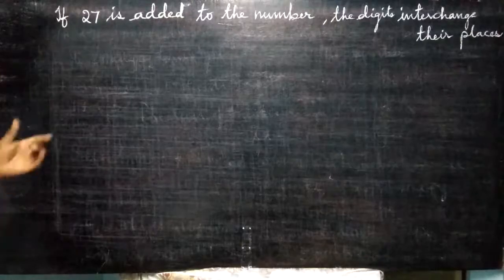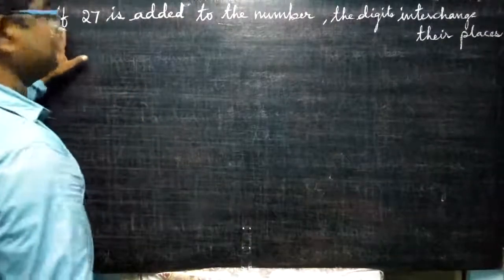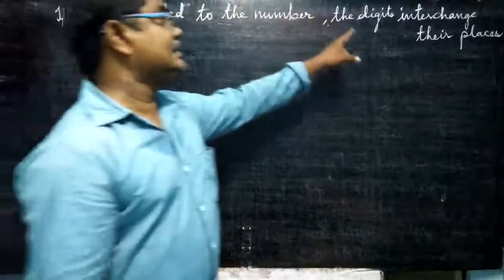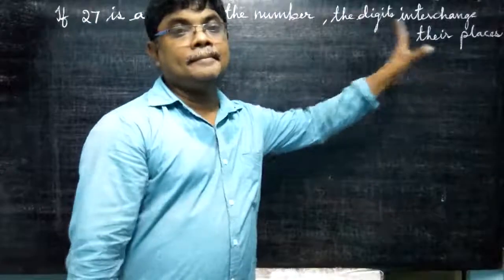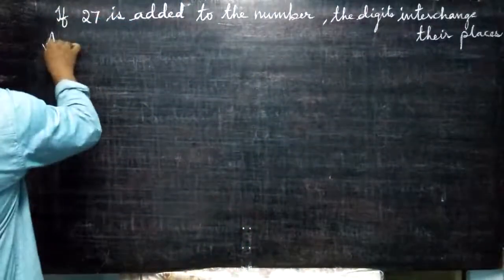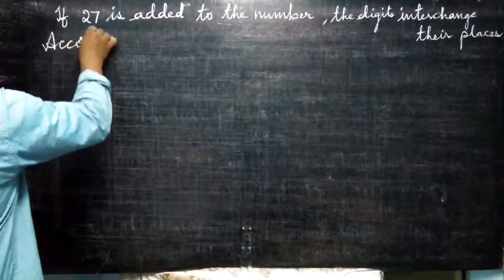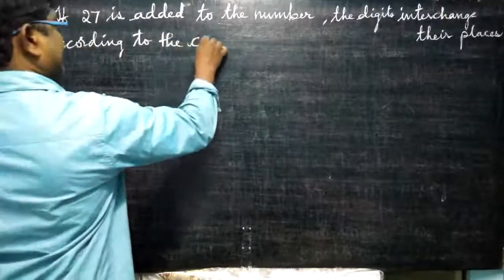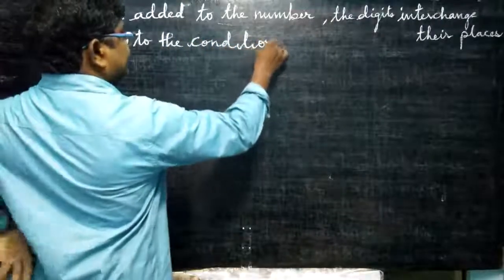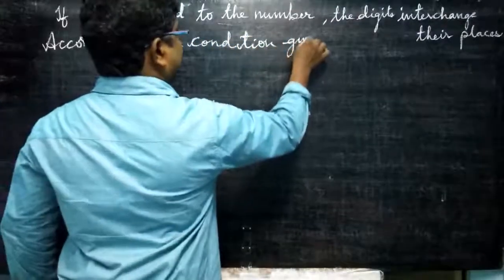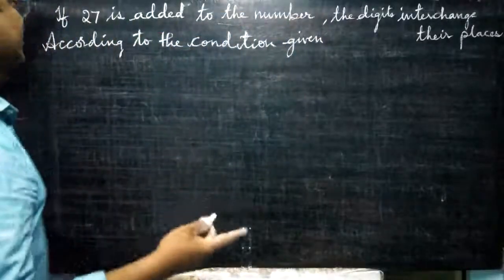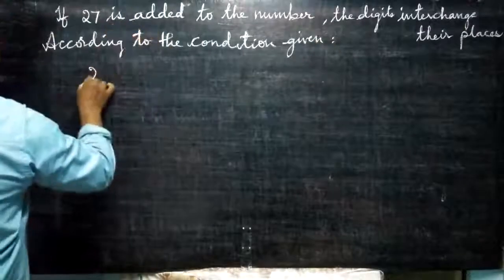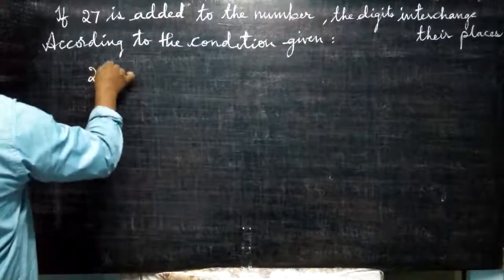Now according to the problem condition: 27 is added to the number, the digits interchange their places. According to the condition given, 27 added to the number.